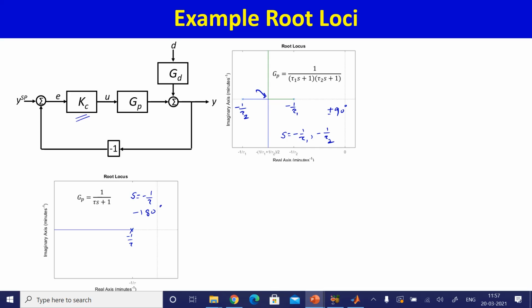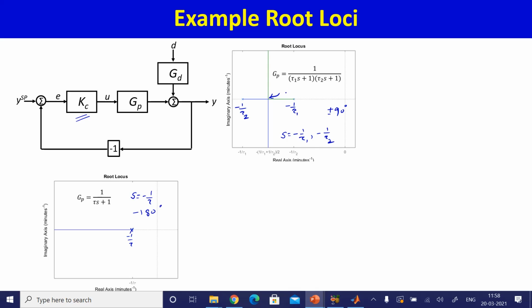You can get the breakpoint by applying the angle condition in the vicinity of the breakpoint. Or you can actually get it by simply solving the quadratic, and it will turn out that this point is right in the middle between minus 1 by tau 2 and minus 1 by tau 1.